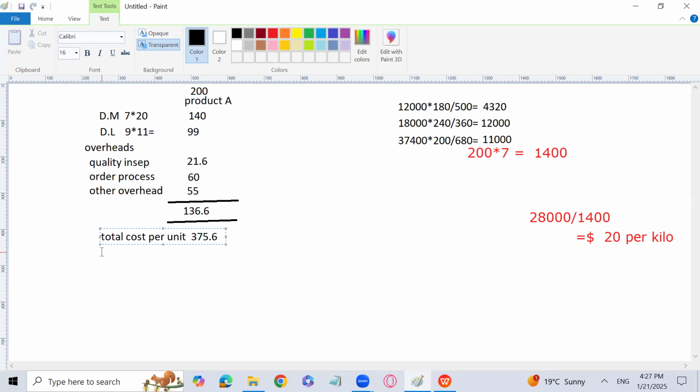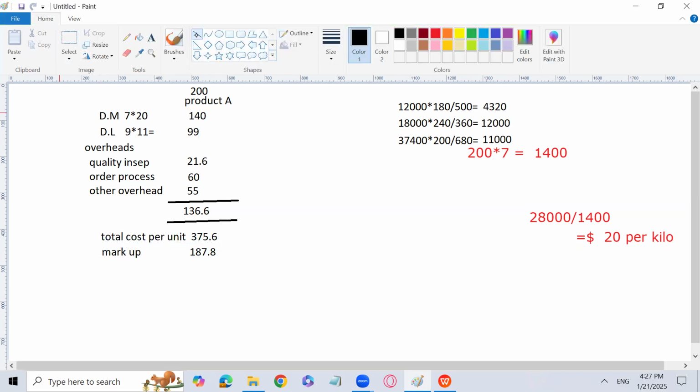375.6, and it has been given that the markup is going to be 50%. So 375.6 divided by 2, we will get the markup. No, 375.6 divided by 2, because markup is 50%. 187.8. So I will add 375.6 plus 187.8.